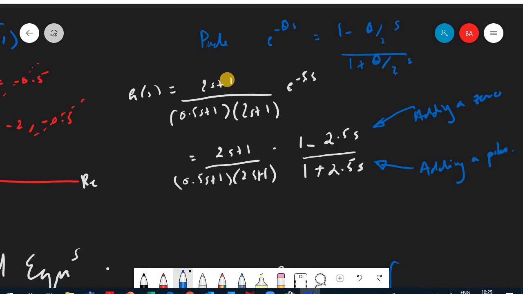So my poles that were only minus 2 and minus 0.5, now I have something else. What will be the answer? 1 over 2.5 is 0.4, I think, right?